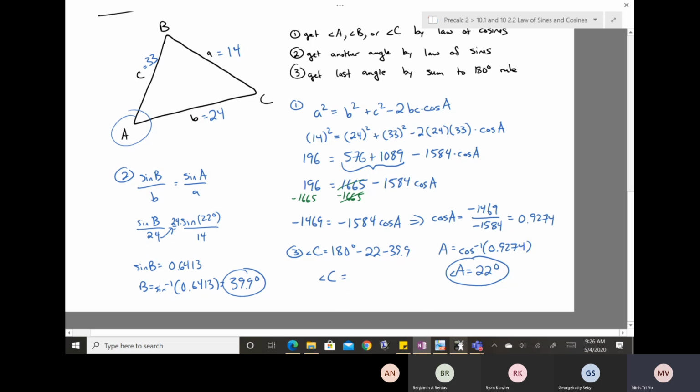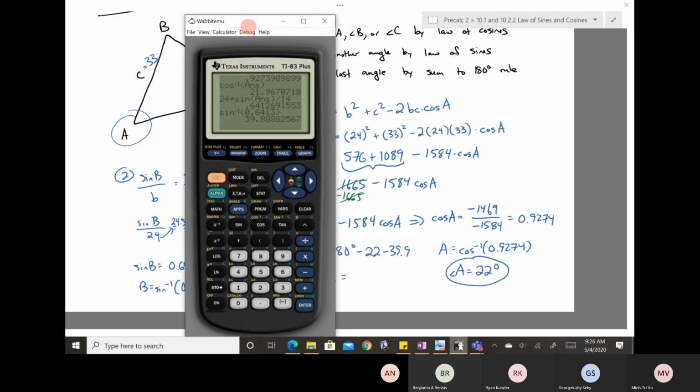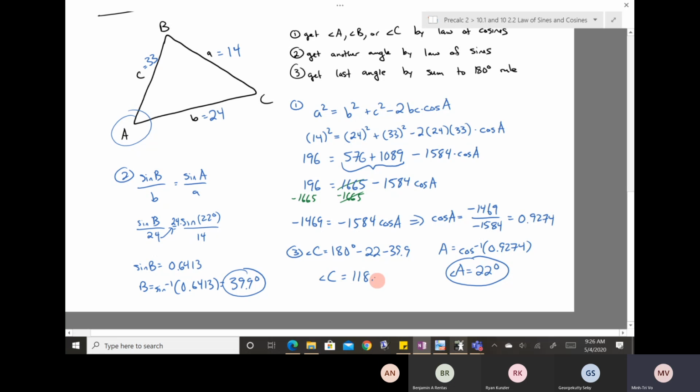So angle C is about 118.1 degrees. Okay, so I get angles A, B, and C in this way. Again, you can check that angle C should be biggest, then angle B, then angle A.